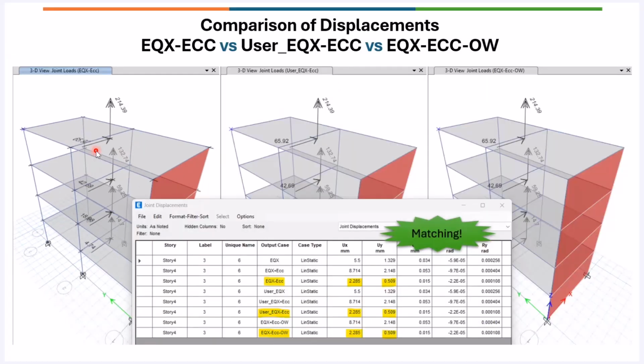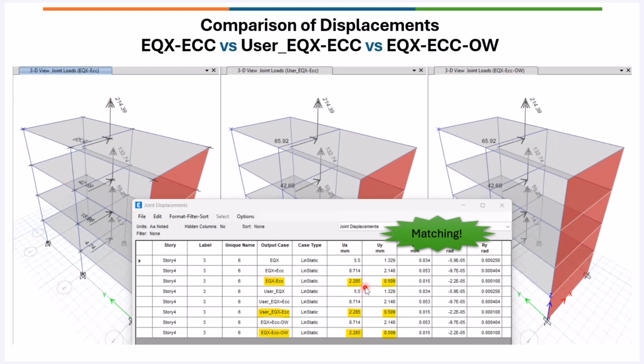Then here is a comparison of result of a particular node, the top roof level, this node, for all the 3 cases we considered. The default, which we can simply enable the eccentricity, and 5% is also the default value, no change, and then specify it, and then you can see, so we expect this twist and the displacement in X direction.